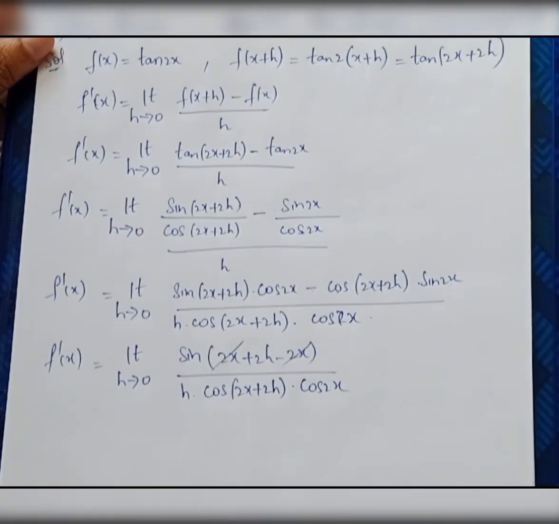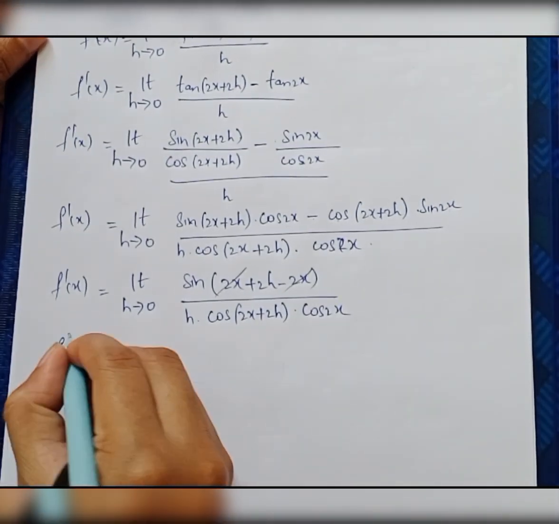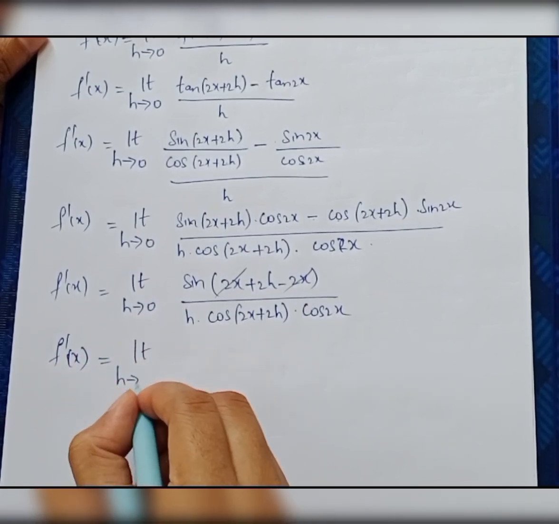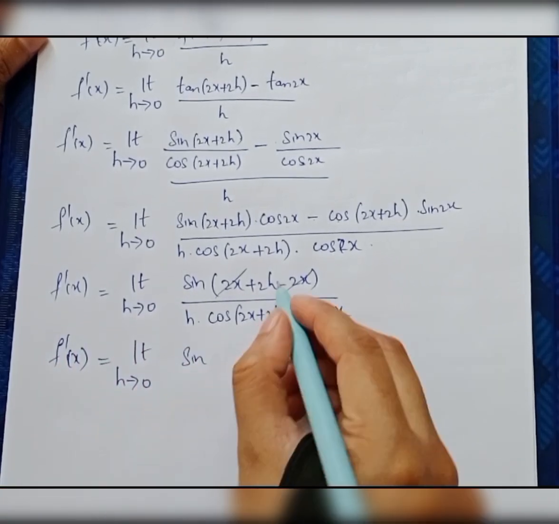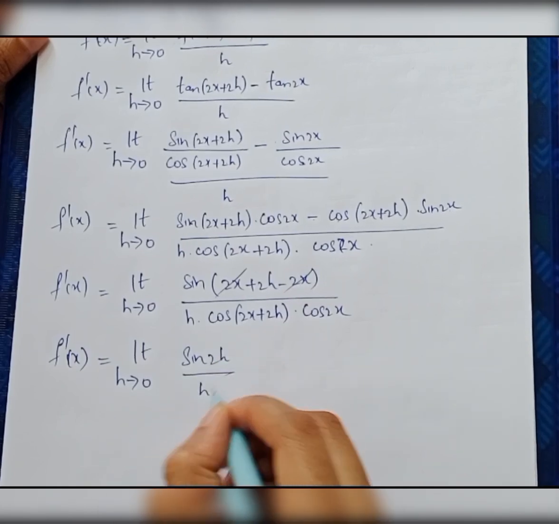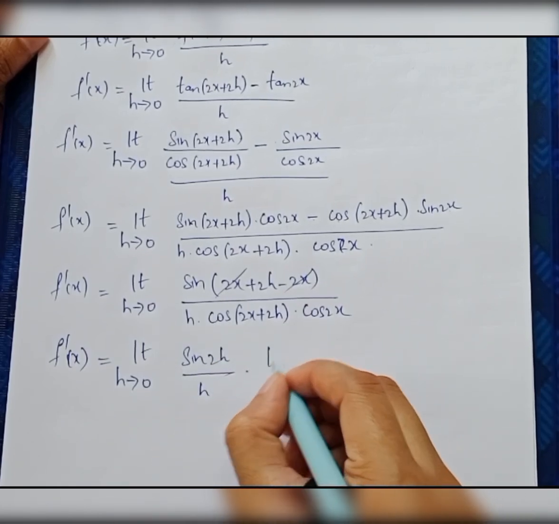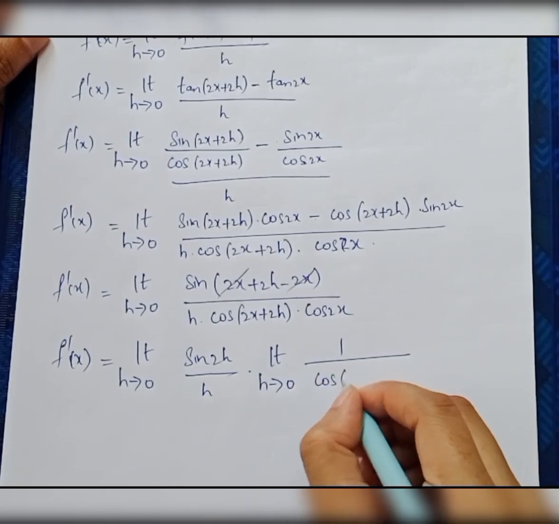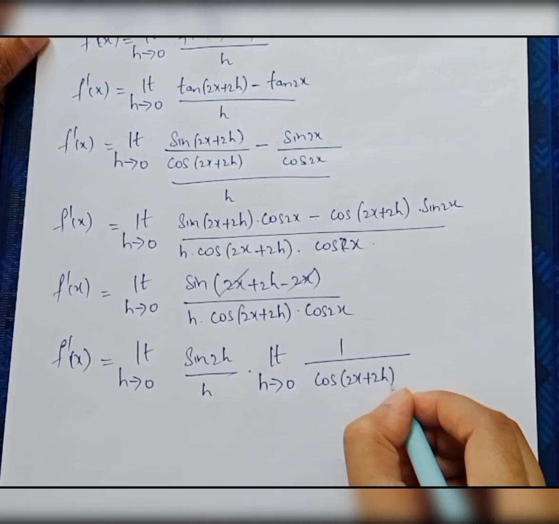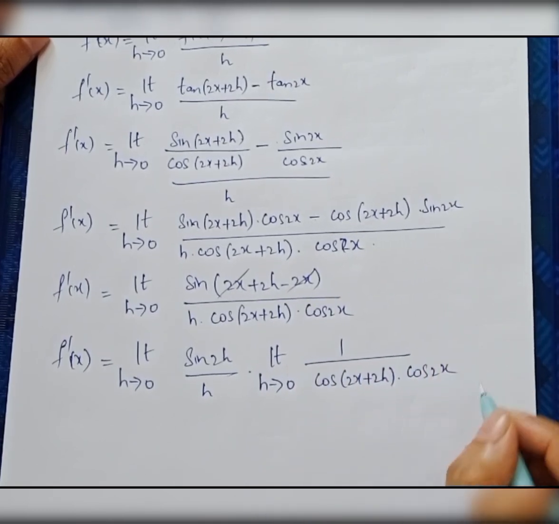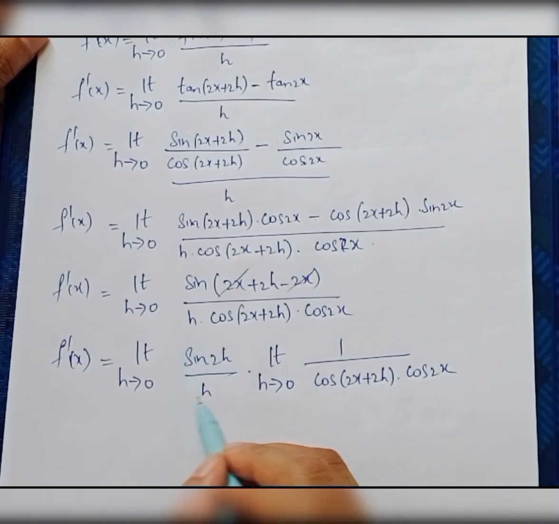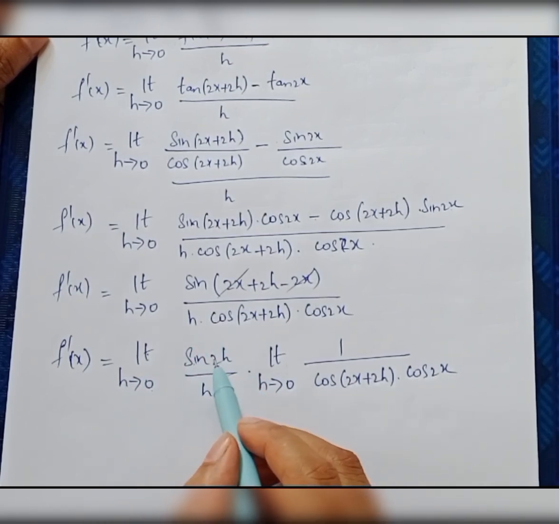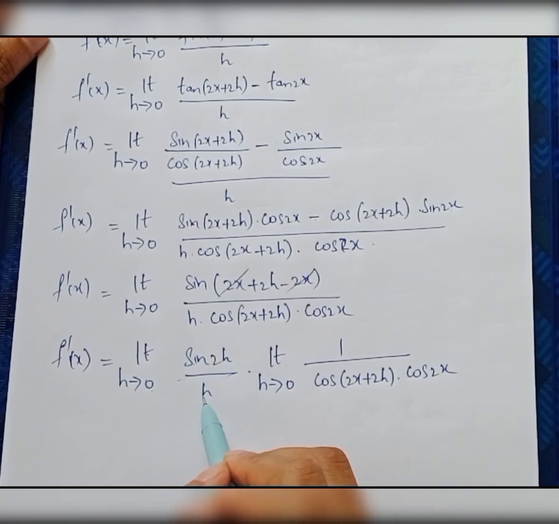Now we can write the given function f'(x) equals limit h tends to 0 sin 2h by h into limit h tends to 0 1 by cos(2x + 2h) into cos 2x. Here again it is the formula limit theta tends to 0 sin(a theta) by theta is a.